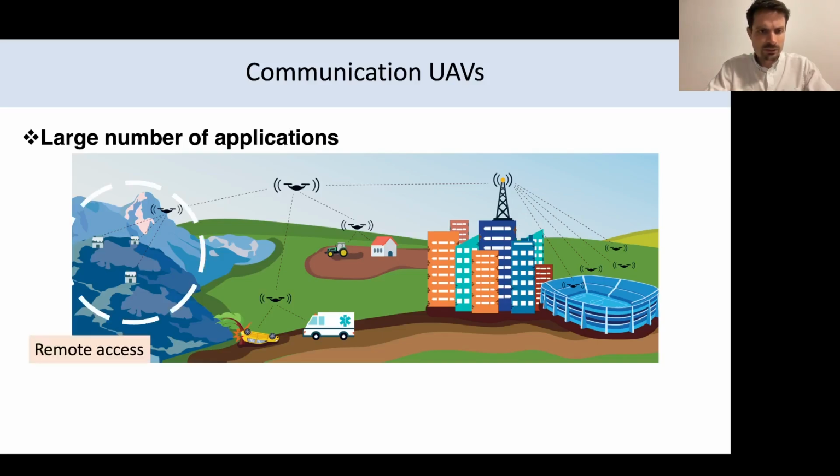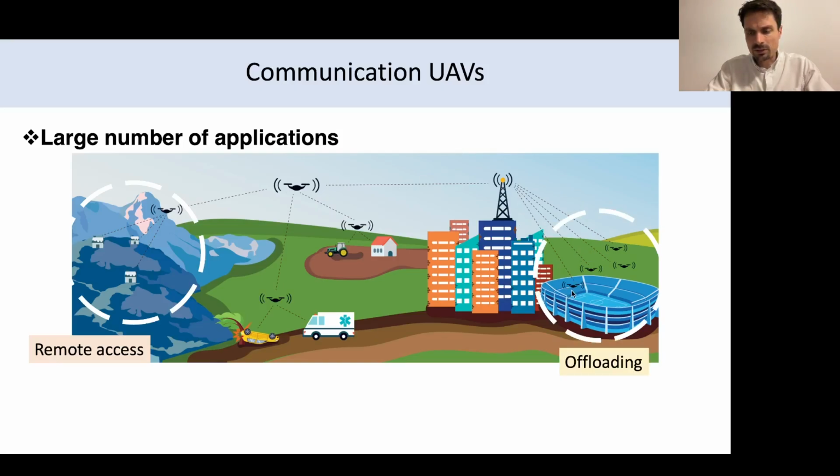For example, they can be used to serve users in remote areas that are out of the coverage region of the terrestrial infrastructure, by establishing communication links, probably in multiple hops.